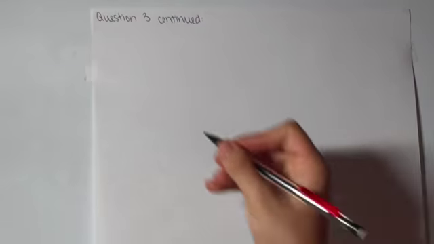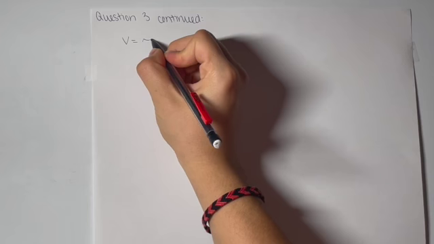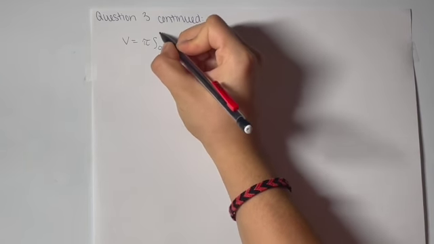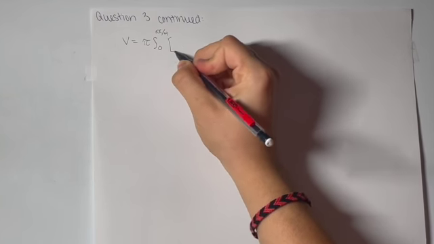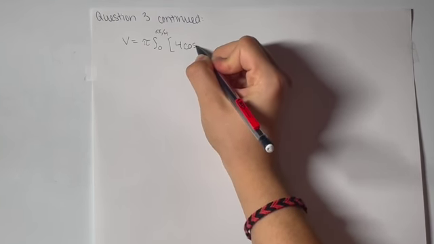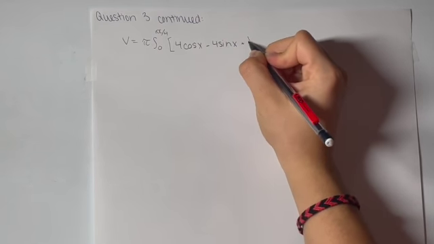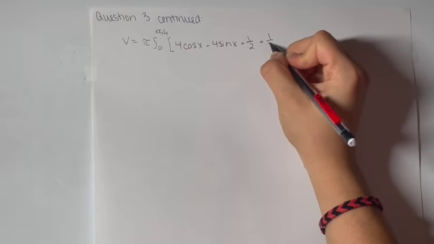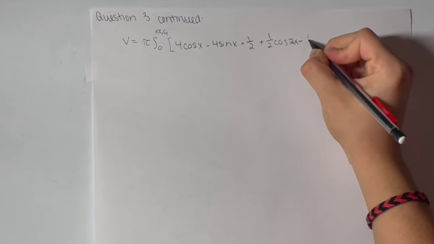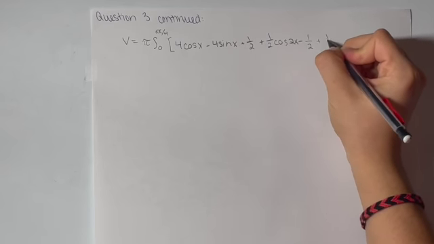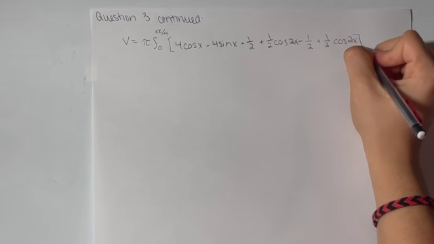This will give us V is equal to pi integral of 0 to pi over 4 of 4 cosine x minus 4 sine x plus 1/2 plus 1/2 cosine 2x minus 1/2 plus 1/2 cosine 2x dx.